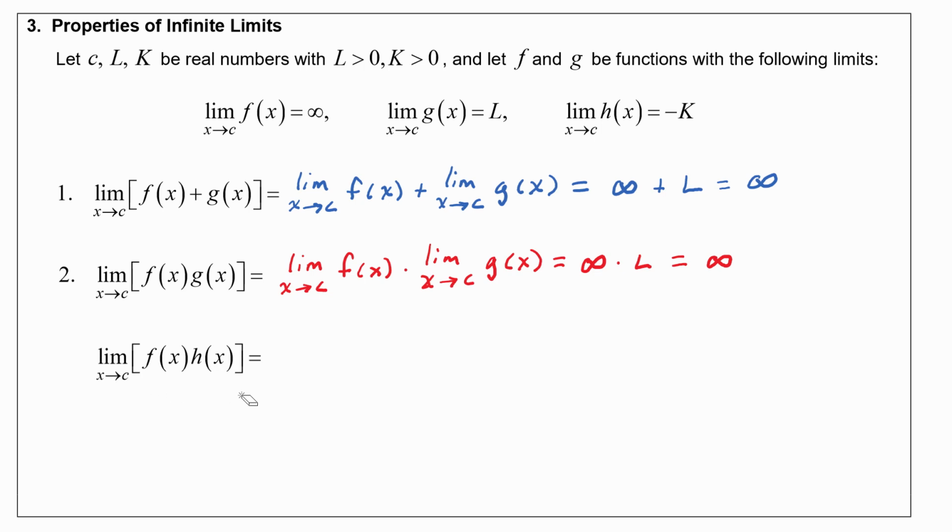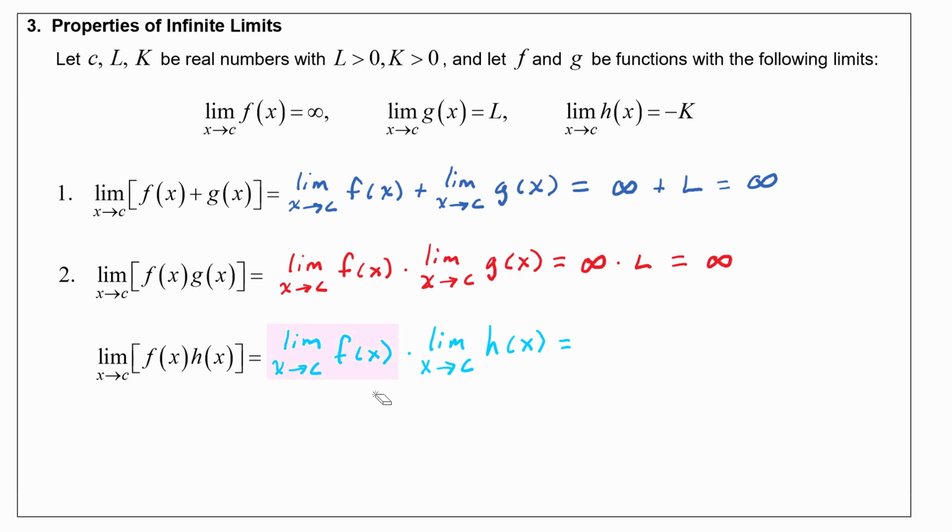Here we have the limit as x approaches C of the product f of x times h of x. So that will be the limit as x approaches C of f of x times the limit as x approaches C of h of x.